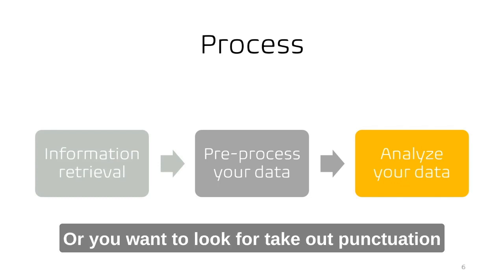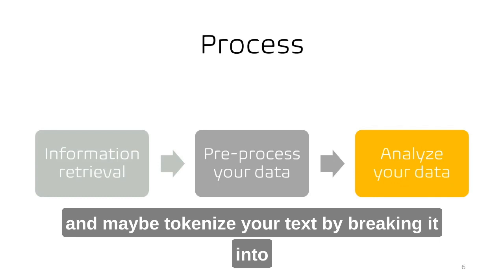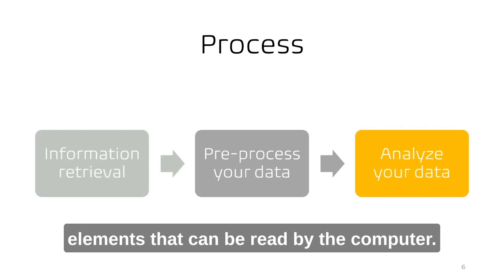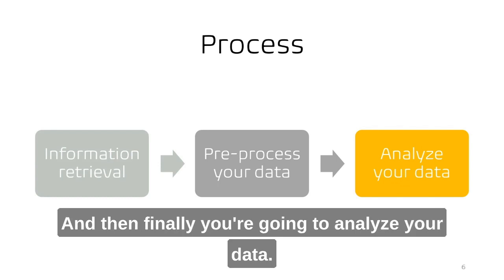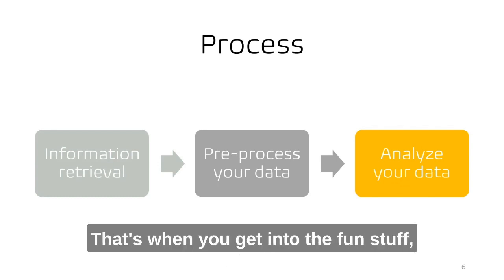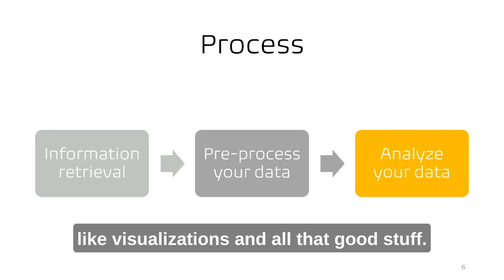You can also take out punctuation, and maybe tokenize your texts by breaking them into elements that can be read by the computer. And then finally, you're going to analyze your data. That's when you get into the fun stuff like visualizations and all that good stuff.